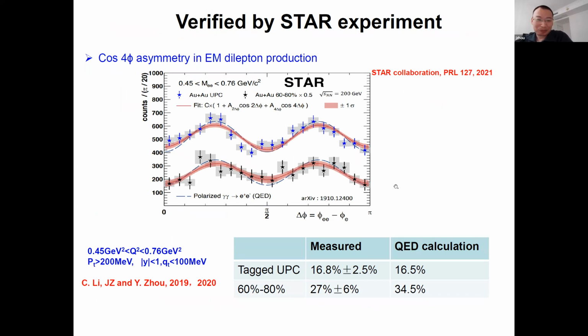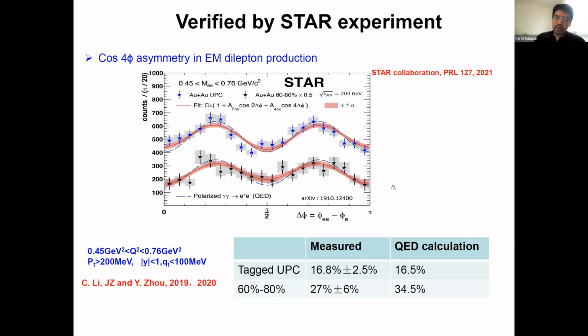Sorry, I have a question here. Is it cosine 4-phi because you're looking at the diffractive process? I'm a little bit confused, because usually when you have a linearly polarized distribution, it gives rise to cosine 2-phi.